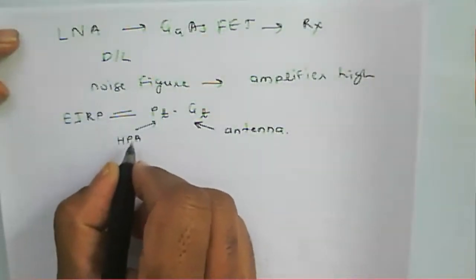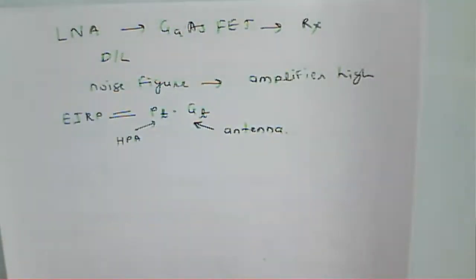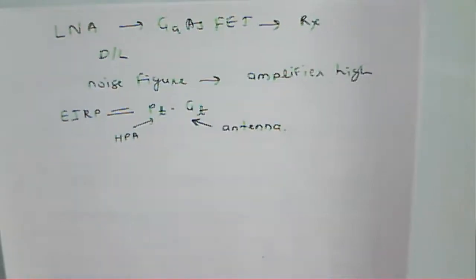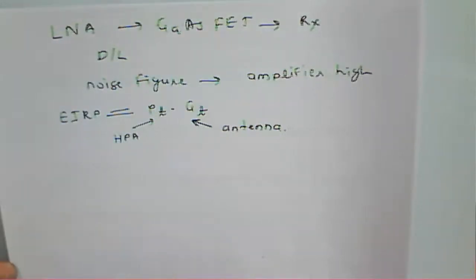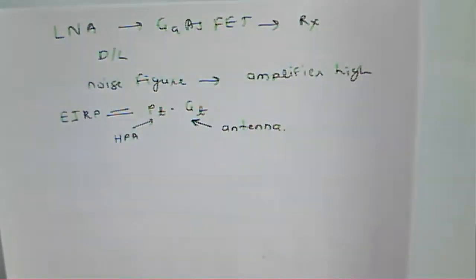In the case of a high power amplifier, we can use a tube, a TWTA, or a solid state power amplifier. In a solid state power amplifier, if the electron mobility is high, then we will get the maximum output power.